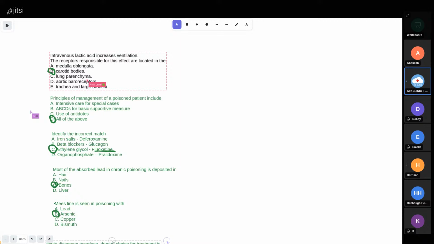Octreotide also has a role. Of course, if someone has a snake bite, rattlesnake, pit viper, you look for the antivenom, Crotalidae polyvalent immune Fab, CroFab. So at least you are familiar with all the different common antidotes.